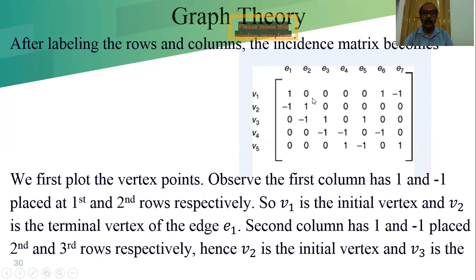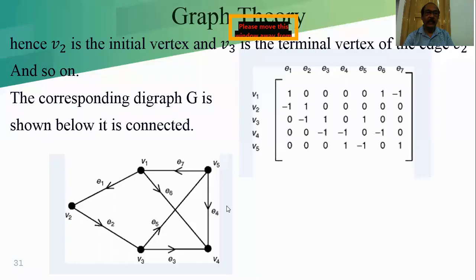This column corresponds to E2. So from that we can say V2 is the initial vertex and V3 is the terminal vertex with respect to the edge E2, and so on.